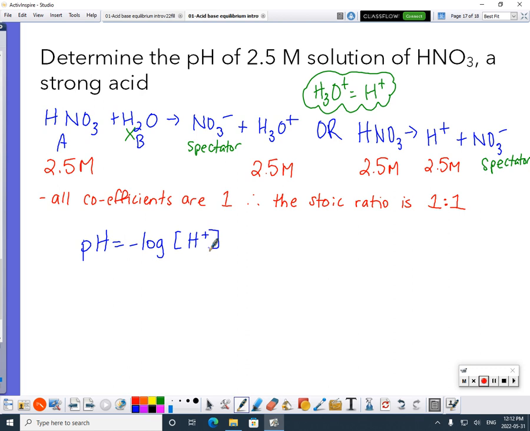So whether you write the equation like this or like this also doesn't matter. And again, practice with your calculator to see how it works. Don't forget to include the negative sign because it is an inverse relationship.